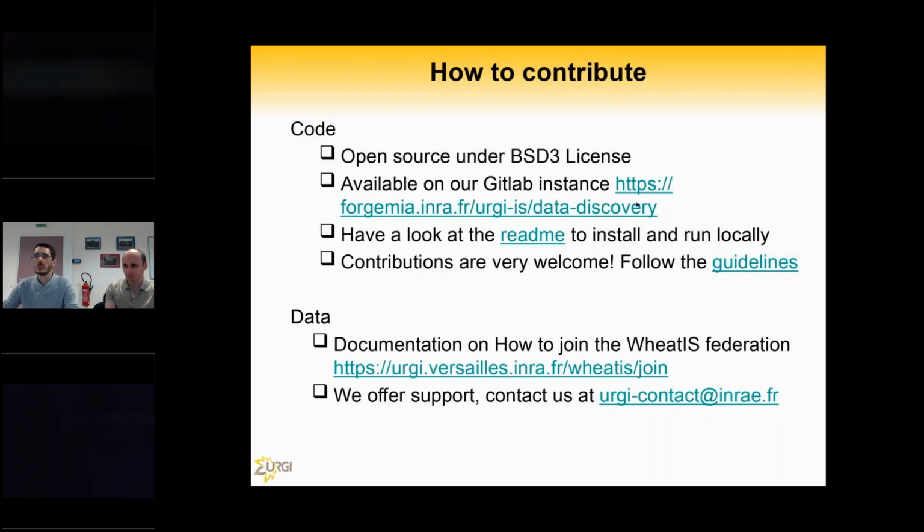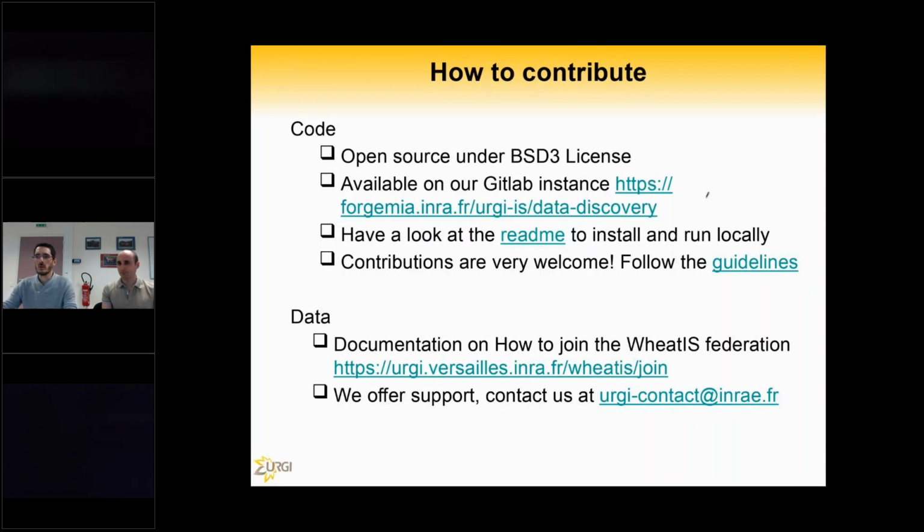The link is here. It is publicly accessible. If you follow this link, you will gain access to the whole source code and also the data at that time, until we move the data elsewhere. In this GitLab instance, you have information in this README file, for instance. There is a link behind it, which explains how to install and run locally the application. And contributions are really welcome, very welcome.